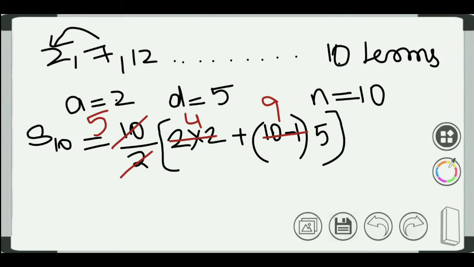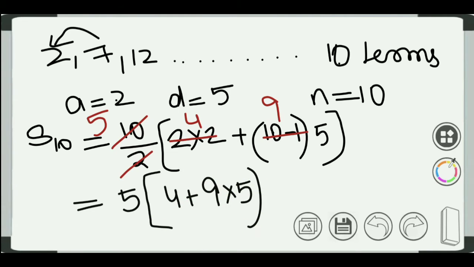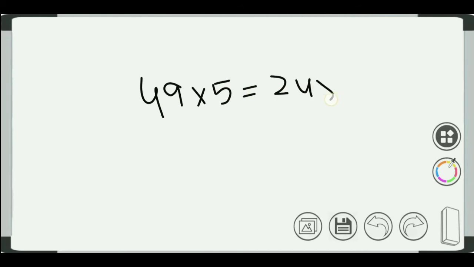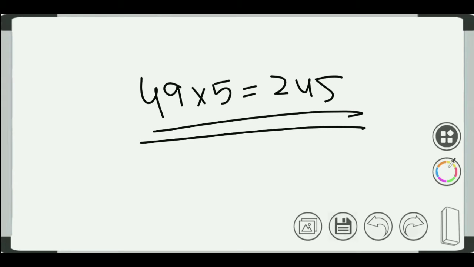So you can write 5 into 4 plus 9 into 5. That is 5 into 4 plus 9 fives are 45. 45 plus 4 is 49. That is 49 into 5, which is equal to 245. This is your answer. Sum of 10 terms of that AP is 245.